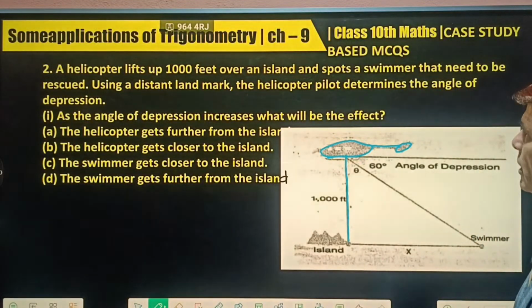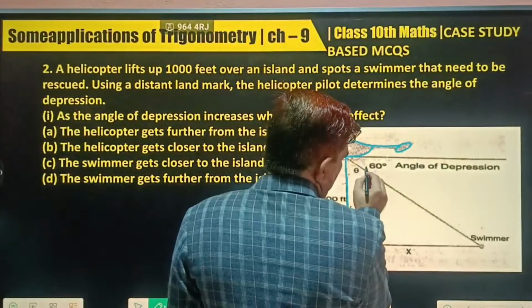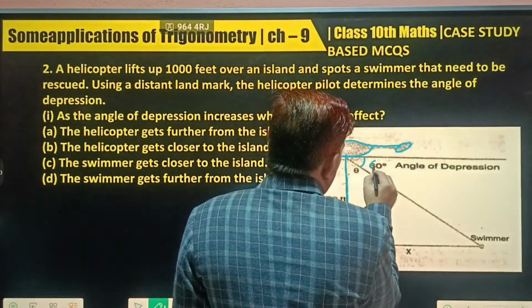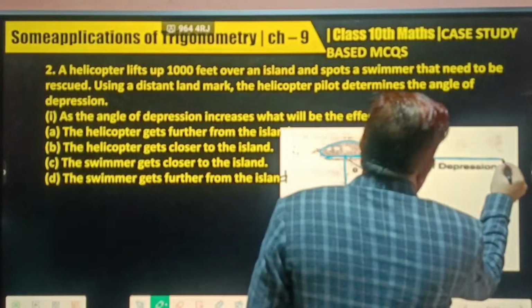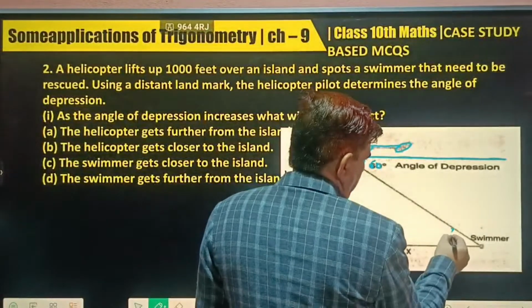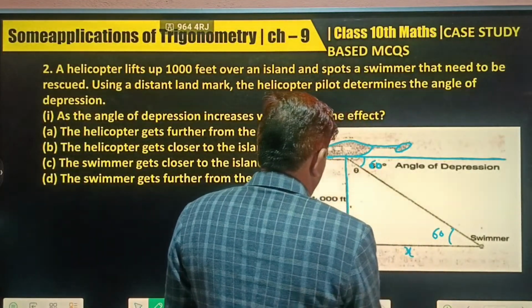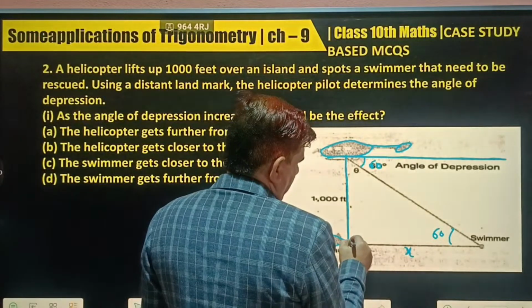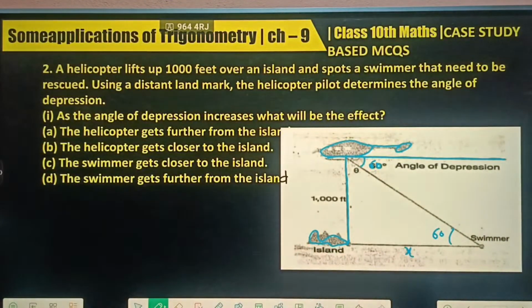Using distant landmarks, the helicopter pilot determines the angle of depression. The angle of depression is this, 60 degree, and this is the horizontal line. So this also is 60 degree. This is X given, and this is the island. Understood?